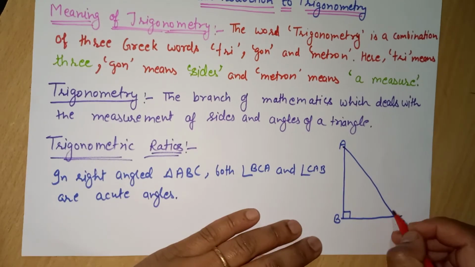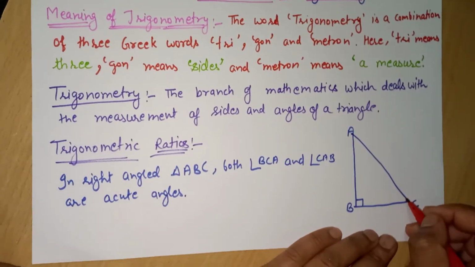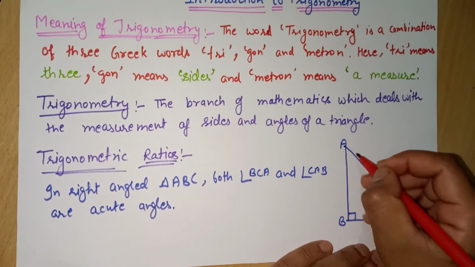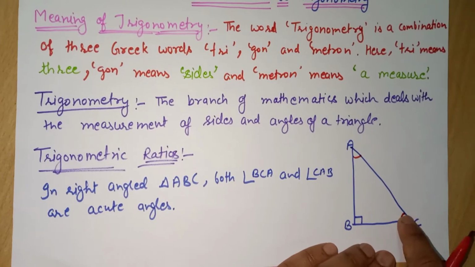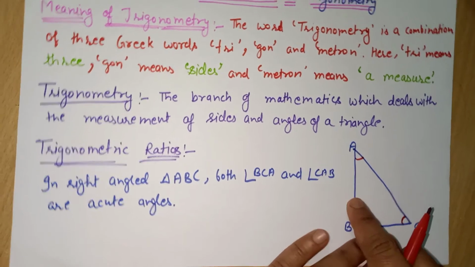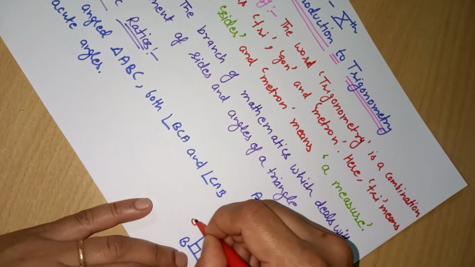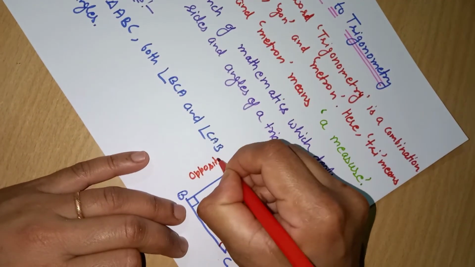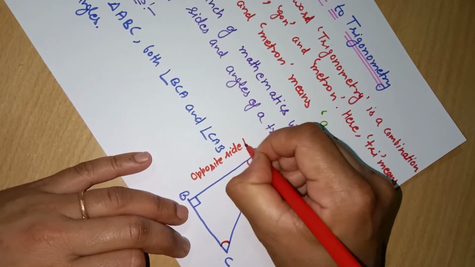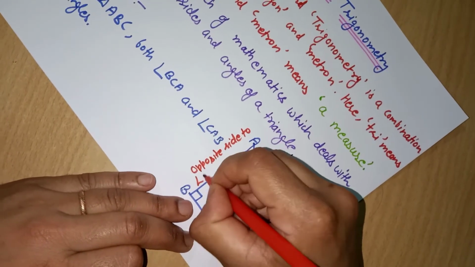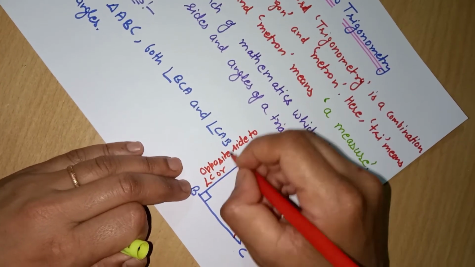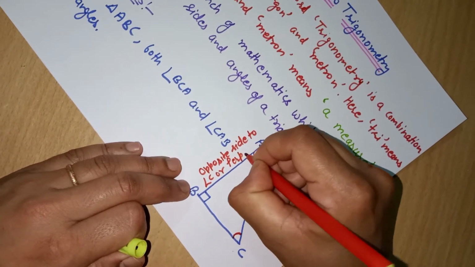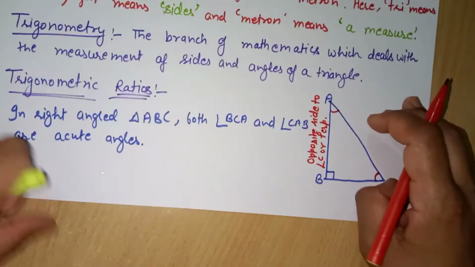Here, if we consider the acute angle C, then the side opposite to this acute angle is called the opposite side to angle C, or we call this side of the triangle the perpendicular.